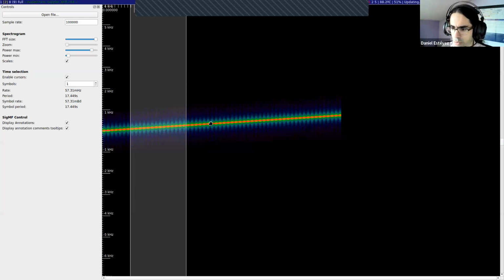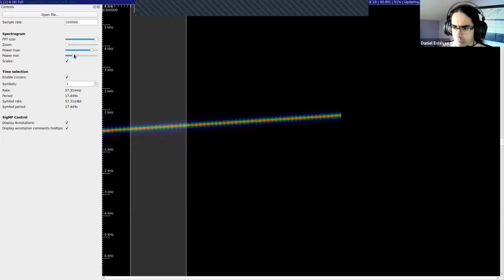Depending on that relative alignment, we get a different shape for the spectral leakage. And because the signal is changing FFT bins slowly all the time, we get this periodic effect. That's basically the reason. Here, we cannot change the FFT window. I don't know what window has been used, but we can, of course, turn up the minimum power to make this disappear if we want.